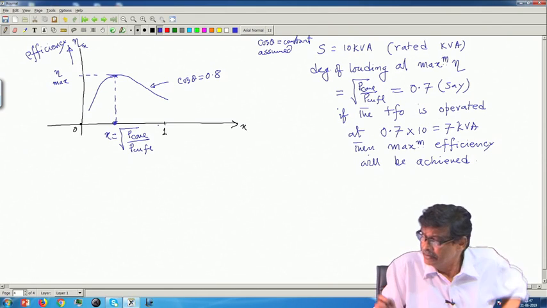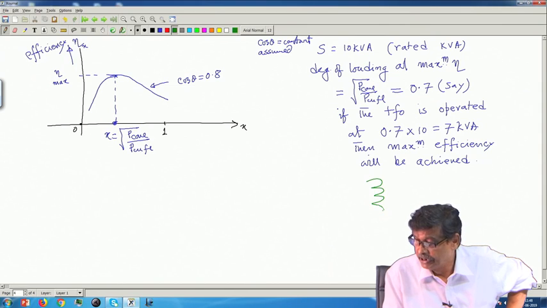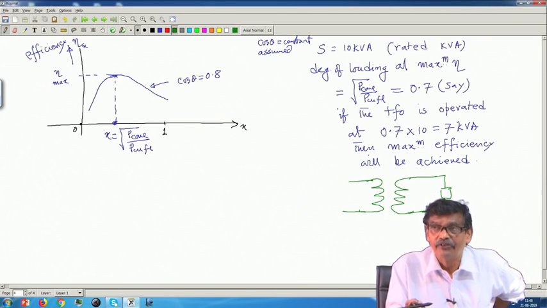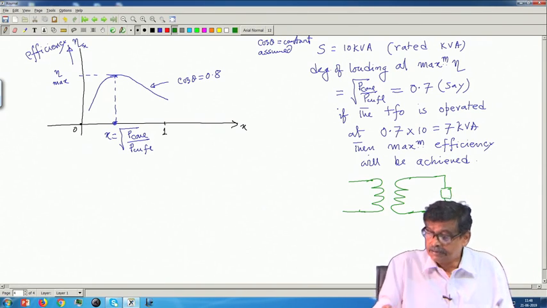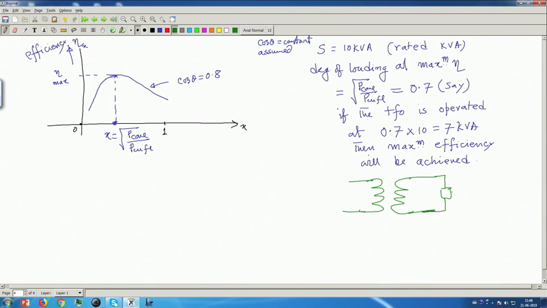What does that mean? It means that this is your actual transformer, when you will do this exercise of loading it. What I am telling you is, this load, how keeping cos theta constant can I vary the current, the degree of loading? Any impedance such that you can vary the current, it is z, magnitude of z I will vary keeping theta constant.